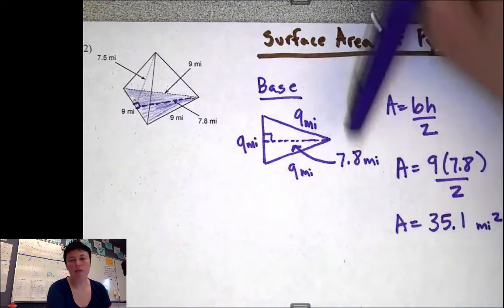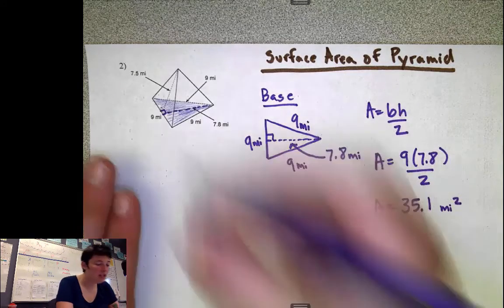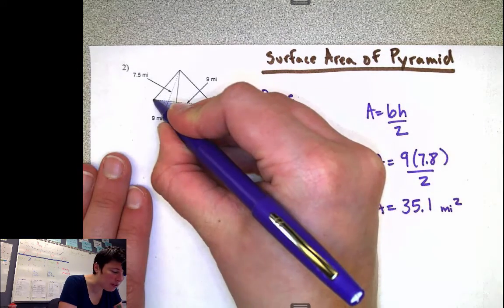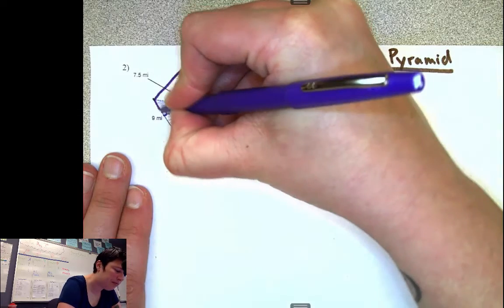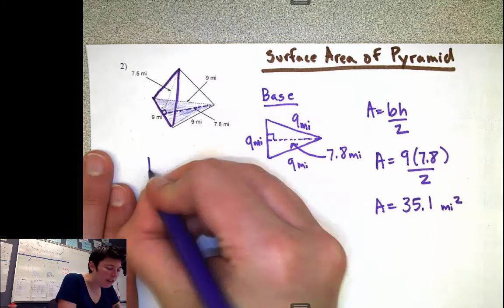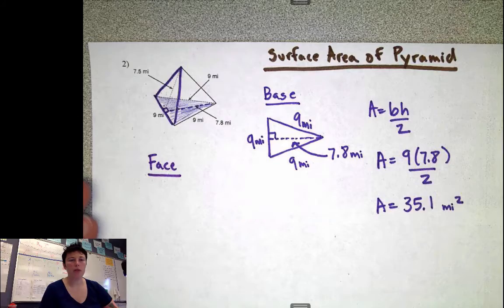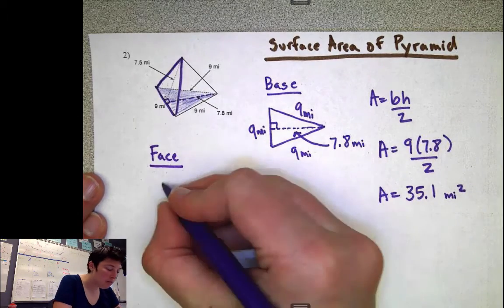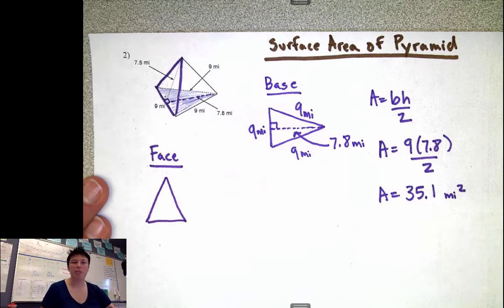But that's just the base. We've got to go back to the picture here. We have more to focus on. So now let's work on the faces that wrap around these triangular faces. So something like this right here. Now, if we look closely at that face, I'm going to label it over here, face. It's in the shape of a triangle, which is not surprising at all, but we need to sketch it out, and we need to write its measurements.